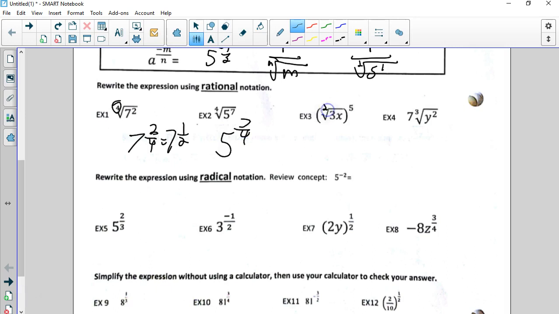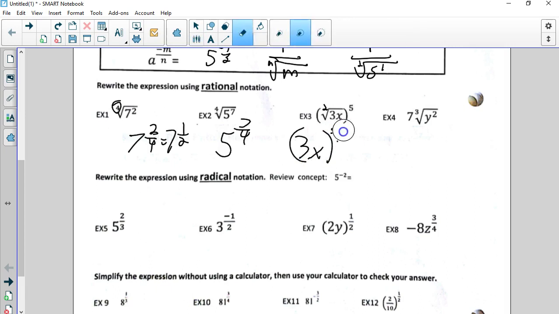So remember, this is a 2, so this is going to become 3x, the whole thing to the 5/2. But you've got to remember to put that whole 3x in parentheses.